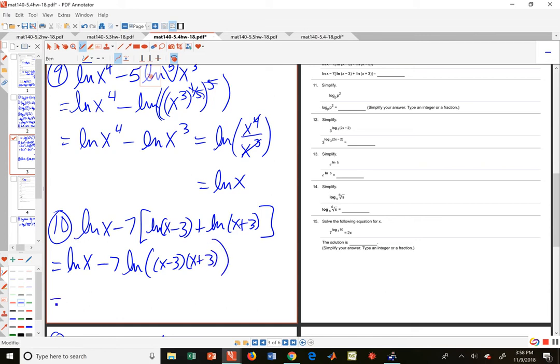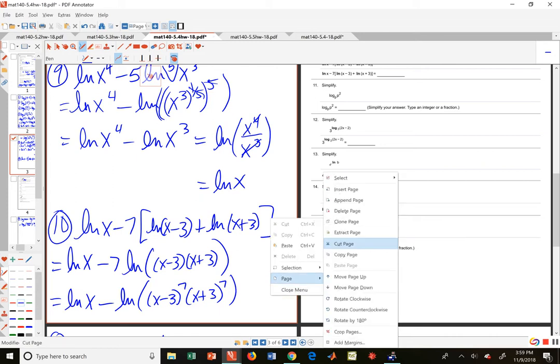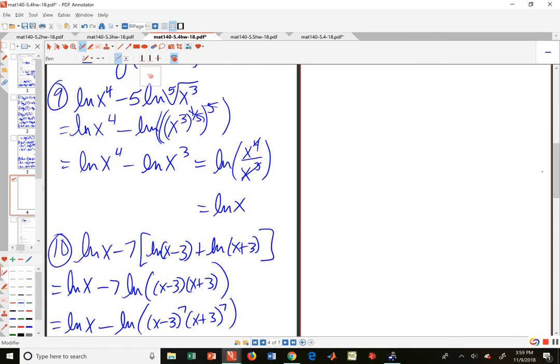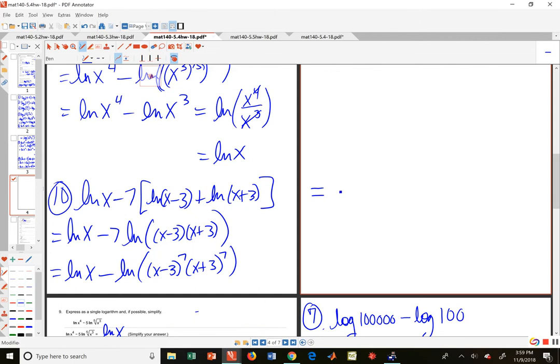All right, next I'm going to bring the 7 on the inside, like we've been seeing. So that's going to make this x minus 3 to the 7th, x plus 3 to the 7th. That 7 hits everything in there. That's a product. Go back to your exponent rules. Make sure you understand those. And then to complete, we just need to use the difference of the two logarithms is the logarithm of the quotient.